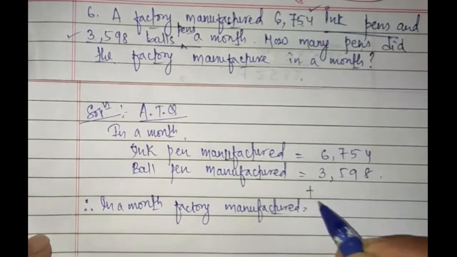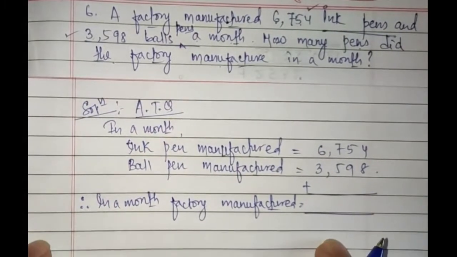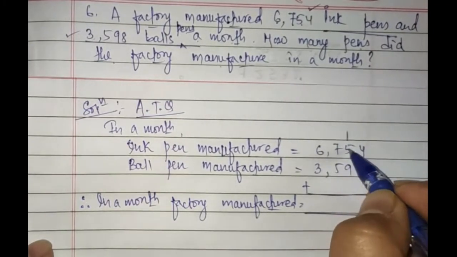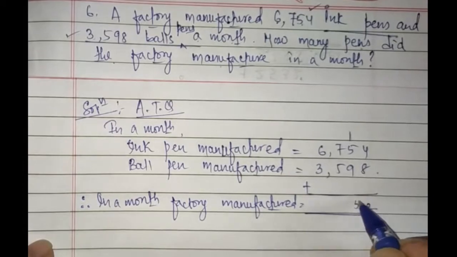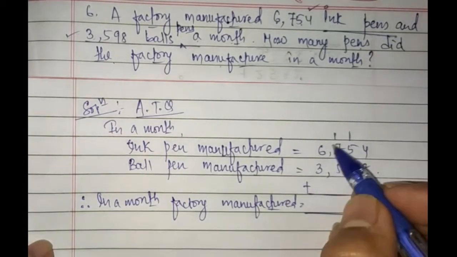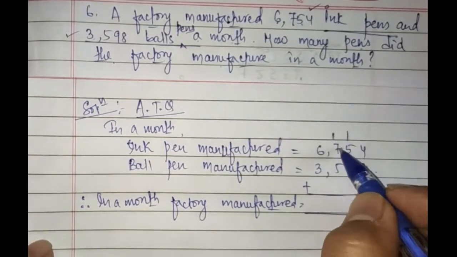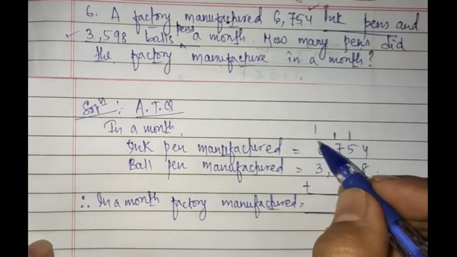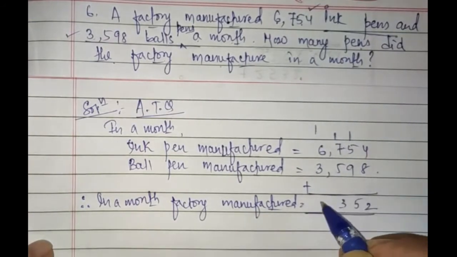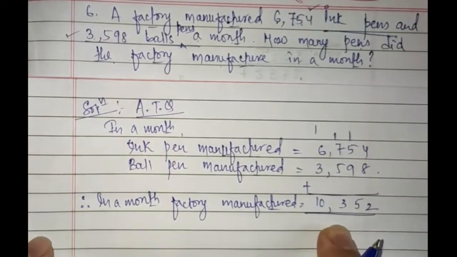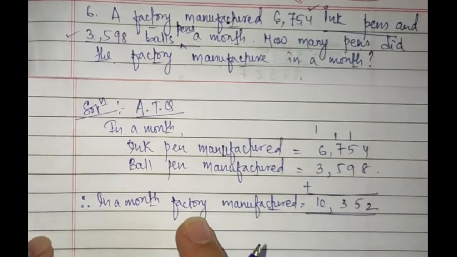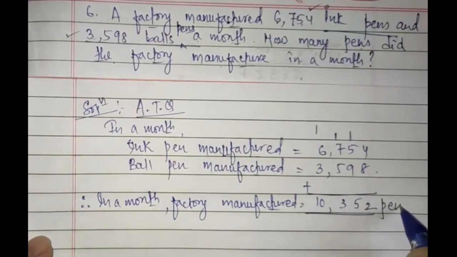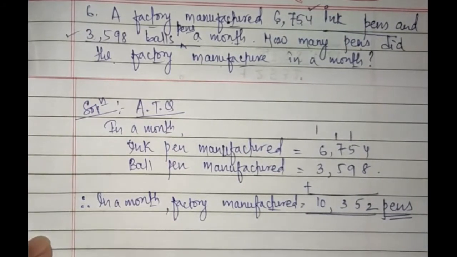Let us add this first, then we will write the other statement. 4 plus 8 is 12, 1 in hand, 1 plus 5 is 6, and 6 plus 9 is 15, so 1 in hand again. 1 plus 7 is 8, 8 plus 5 is 13, 1 in hand, 1 plus 6 is 7, 7 plus 3 is 10. So how many pens are they manufacturing in a month? The factory manufactured 10,352 pens. Okay, so this is it.